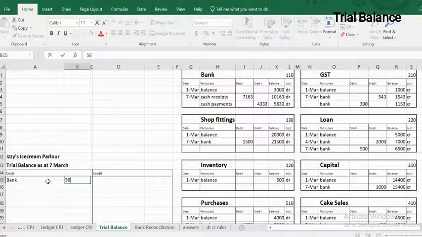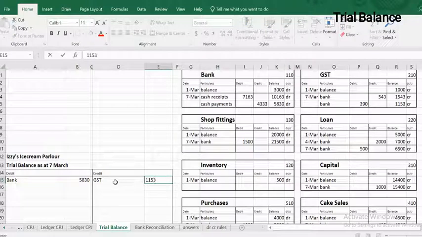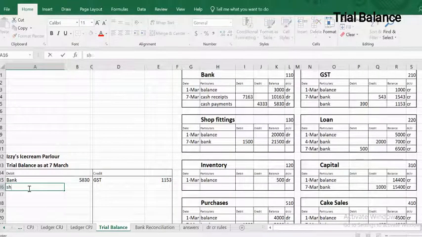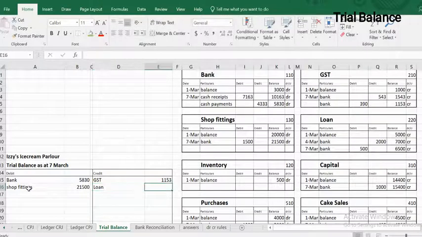So the first one is the bank, and that's got a 5830 debit balance, so it goes there. GST has got a 1153 credit balance, so we're putting it on the credit side. Shop fittings is a debit balance. I'm writing it on the debit side of my trial balance, left-hand side, 500, and the loan is a credit balance of 6500.